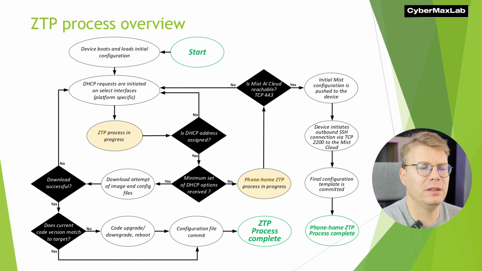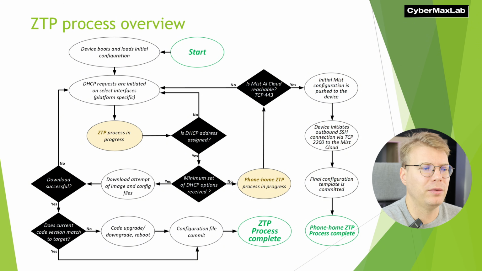If the DHCP address is assigned, next step, the process verifies, do I have enough DHCP options to run the further step of the ZTP? If not, you can see it goes to phone home ZTP, which we'll touch in a bit. But let's say we have a minimum set of DHCP options. And another thing which is important, what is the minimum set, right?